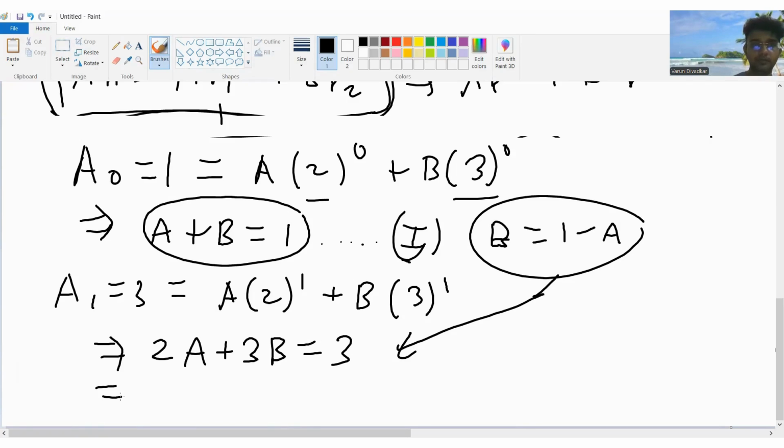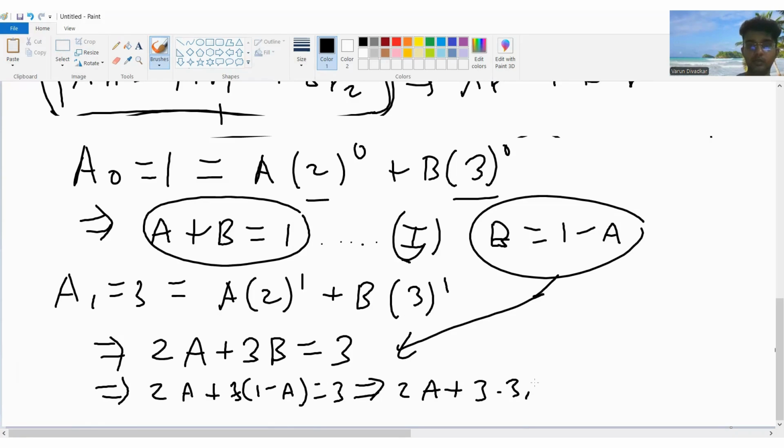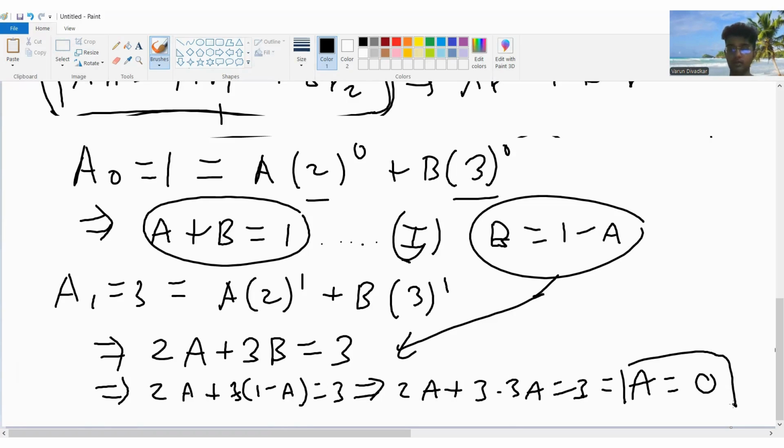We get 2a plus 3 into 1 minus a equals 3. That implies 2a plus 3 minus 3a equals 3. So minus a equals 0, which implies a equals 0. If you substitute this here, you get b equals 1.